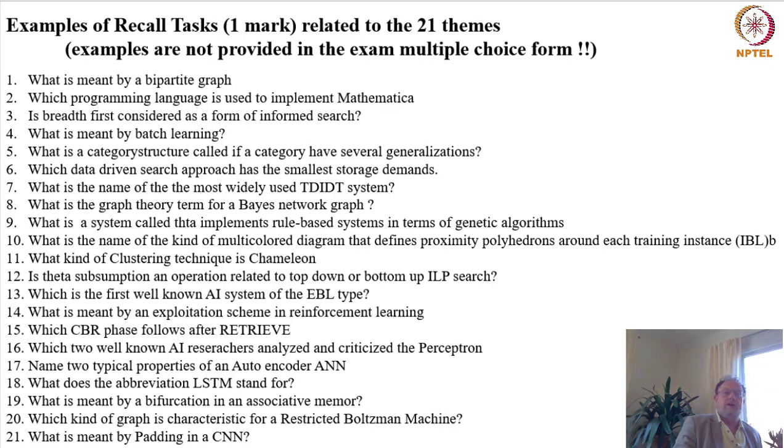So what I've done now, and this I will not go through in detail, it's here for your service. It's here to just give you examples of the kind of questions that can come up on your exam.